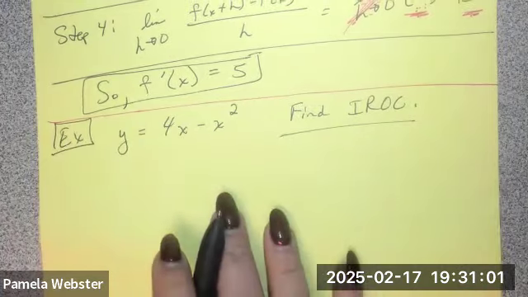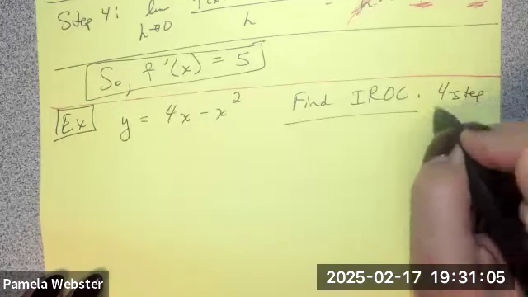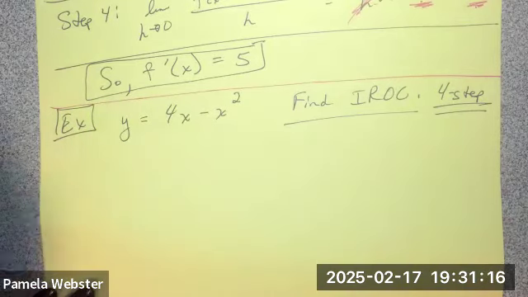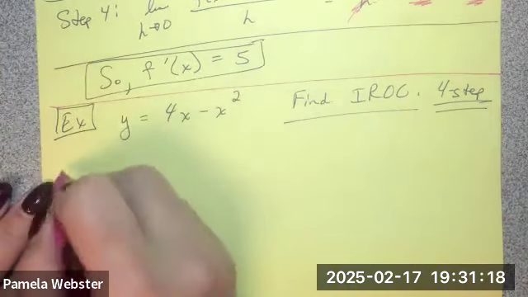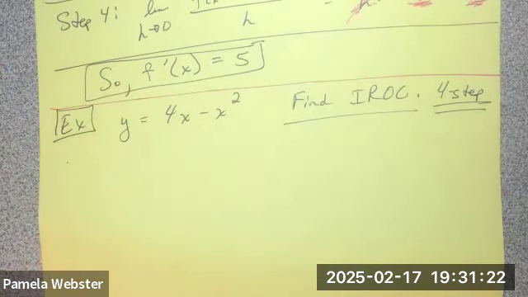Find the instant rate of change by the 4-step process. Make sure you do longhand. On the homework in my math lab, it actually asks you what's the first step, what's the second step on some of these problems, so you really need to be able to do this. Maybe pause and then come back and you can see what's going on. And I'll pause as well so that I can work through this without taking time.